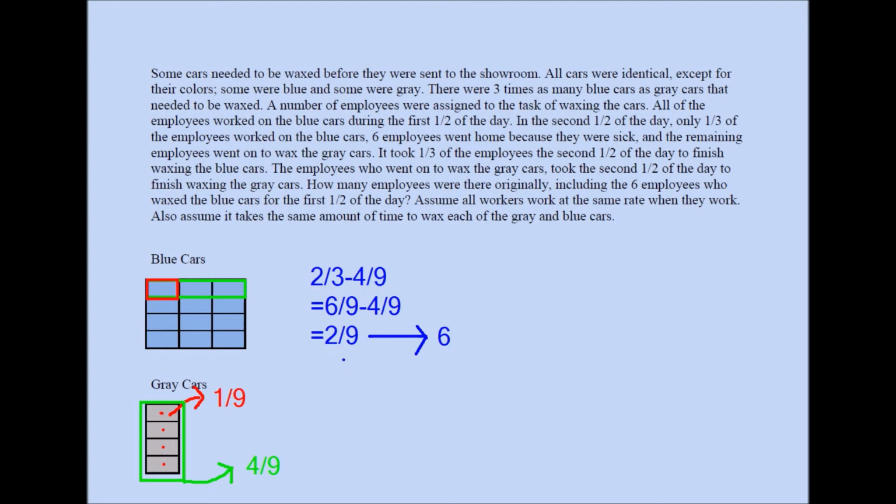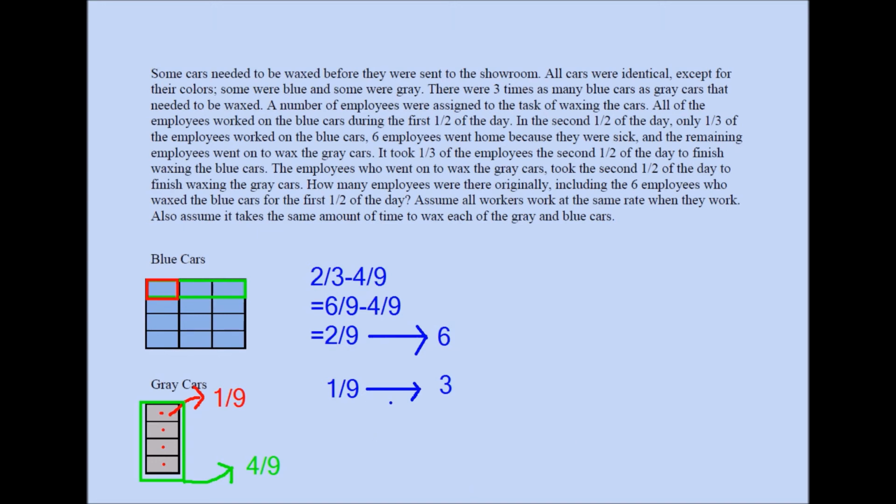If 2/9 of the employees represent 6 employees, then 1/9 of the employees will represent 3 employees. 2/9 is 2 copies of 1/9, so 1/9 would be half of 2/9, or half of 6, which is 3.